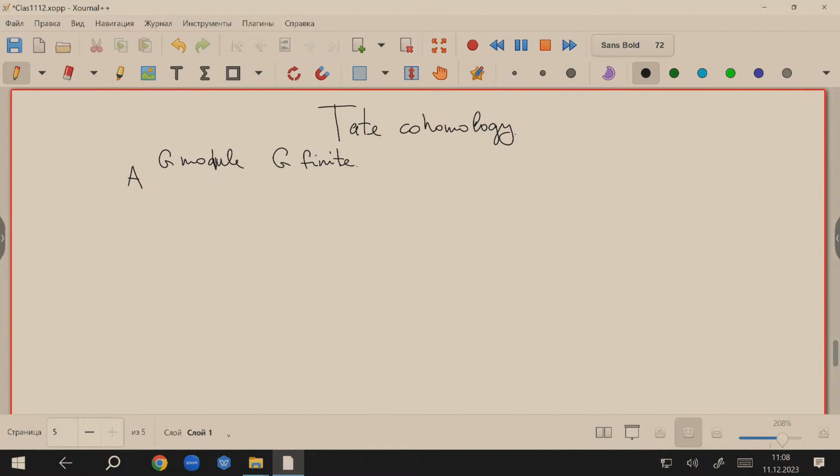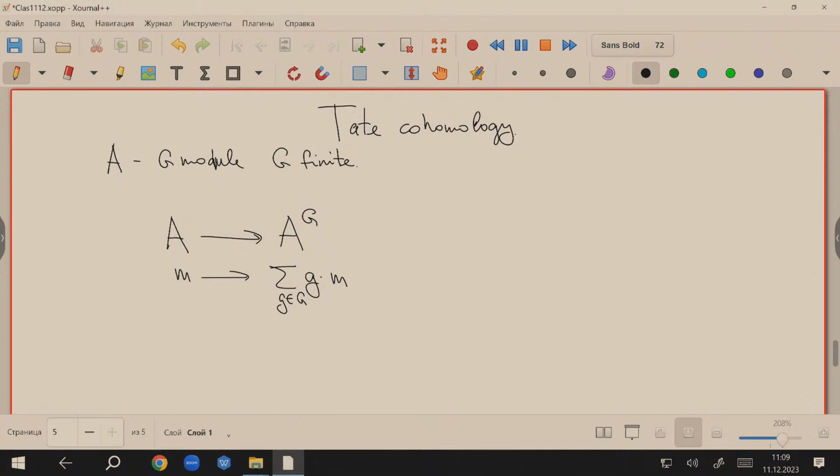But here we shall need only the map from A to the invariants, mapping an element m to the sum of g times m, where g runs through all elements of G. Of course, here I do not divide by the number of elements.